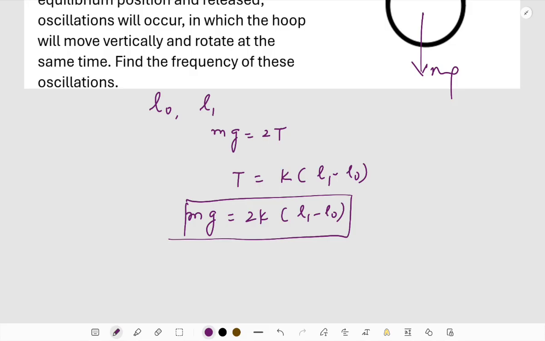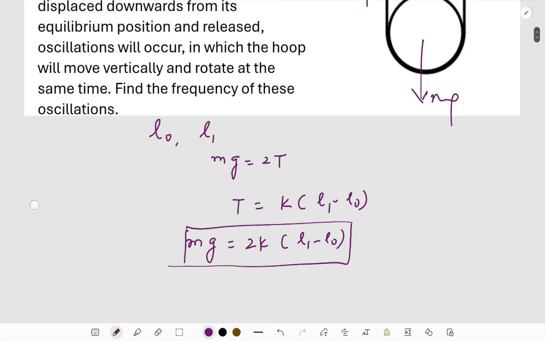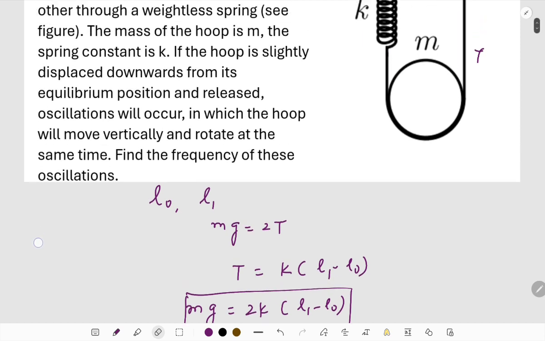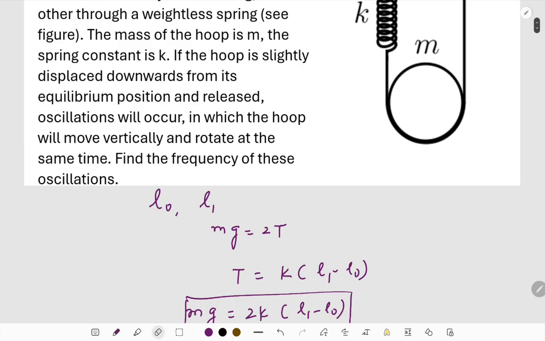And now I'm going to discuss the oscillation of this hoop.